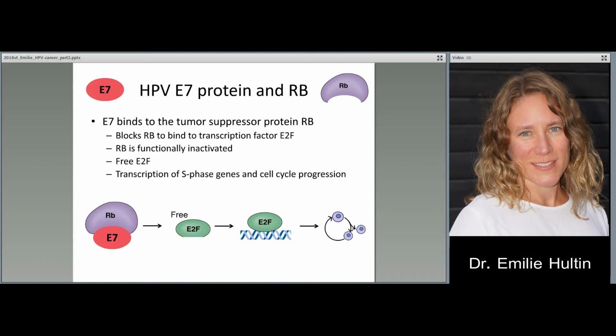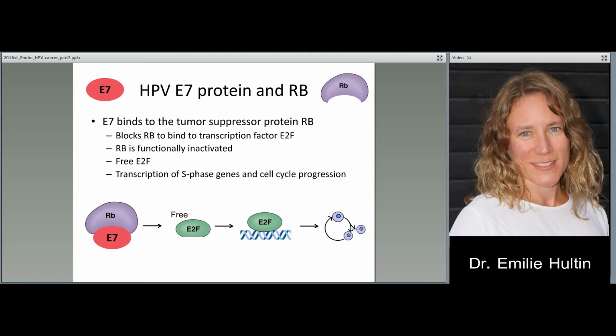And if you remember from part 1 of the lecture, E2F is a transcription factor for the S-phase genes, genes that are necessary for the cell to be in the synthesis phase and to continue cell proliferation.